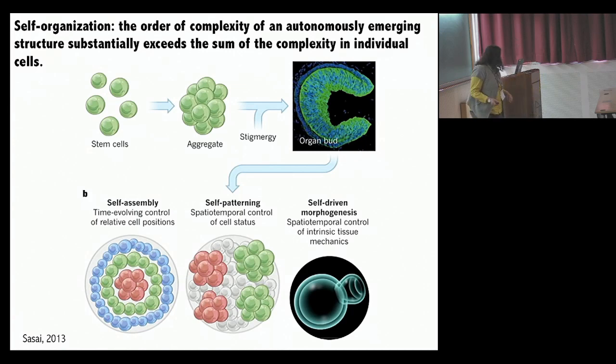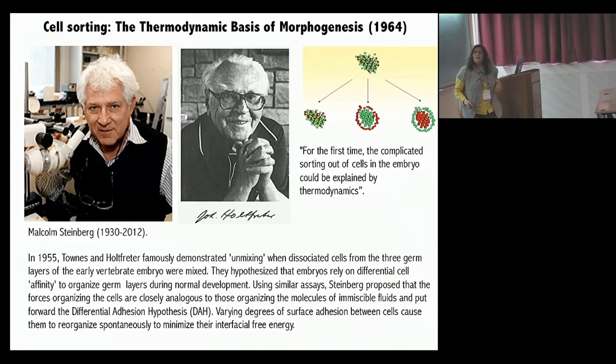I'll spend just a minute on this to say that it had already been shown before Sasai ventured into his experiments that if you took cells that were derived from different germ layers of the frog embryo, namely ectoderm, mesoderm, endoderm, then dissociated them so that they were now single cells, and mixed them back together so you had this salt and pepper mixture, a well-shaken mixture of cells from different germ layers, and let them aggregate and stay for a while.